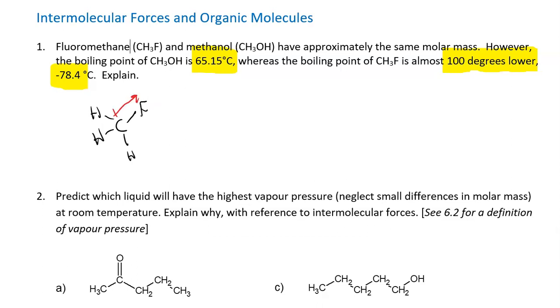But with methanol, we have C-OH, and yes, we have polarity between the carbon and the oxygen bond as well. But most importantly, this OH can hydrogen bond. So this is the strongest type of intermolecular force of the three, generally speaking.